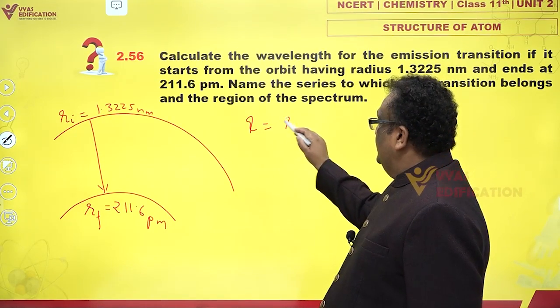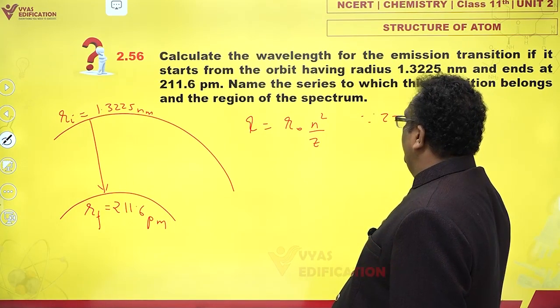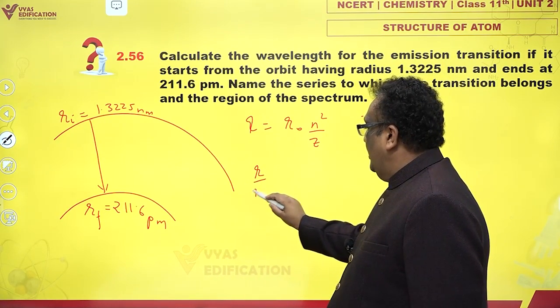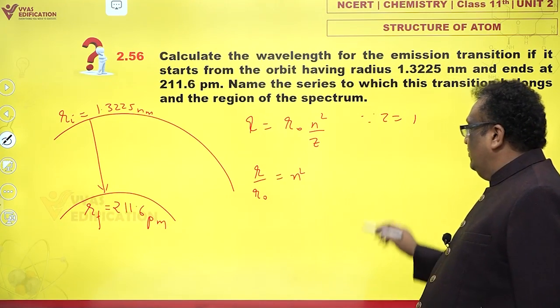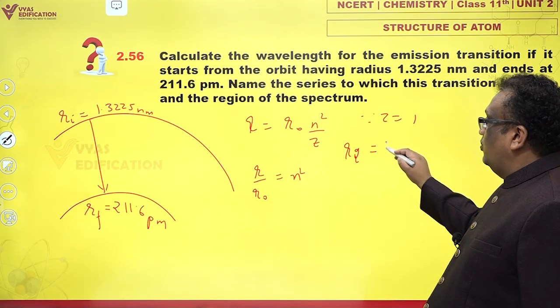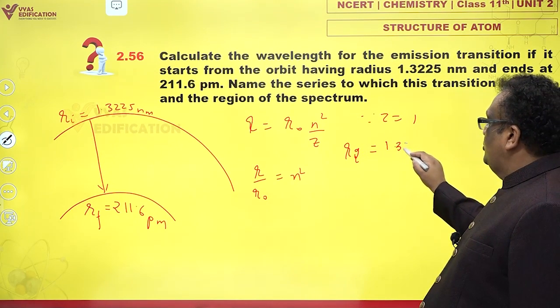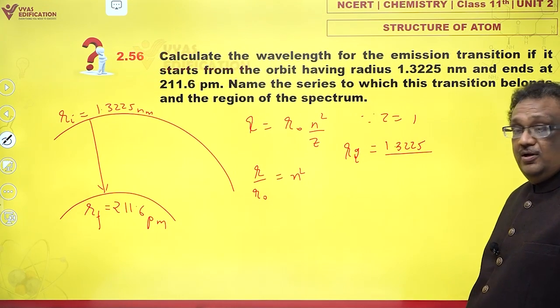R is R naught n square by z, and since z we are assuming as 1, R by R naught is n square. So what is R initial? It is 1.3225 by R naught.